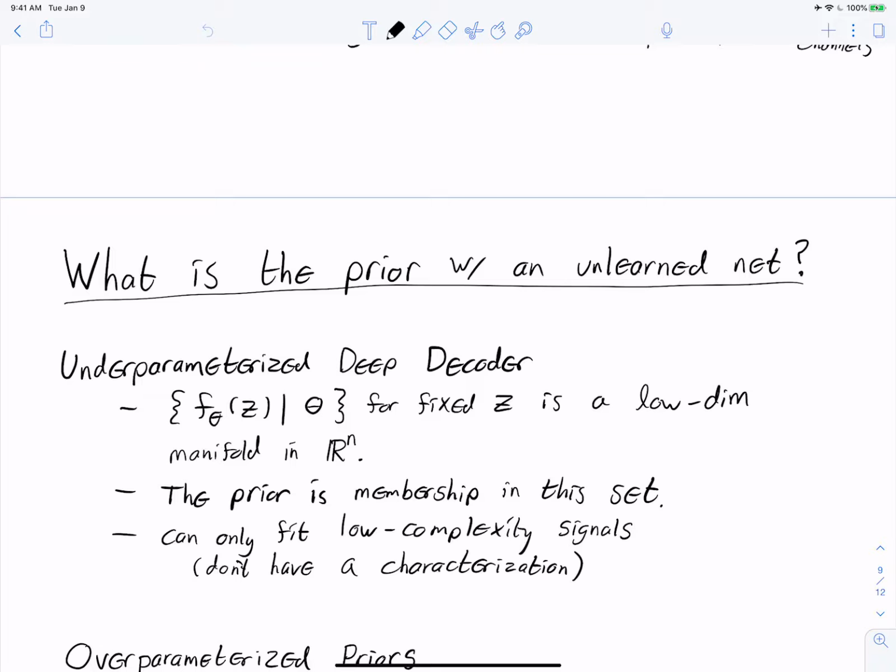If the deep decoder is underparameterized, this set is going to represent a low-dimensional manifold in R^n. The prior mathematically is then just that we're searching for an image which is a member of this set. It's not clear exactly what property the members of this set enjoy, but because of the low dimensionality, it is only going to be able to fit low complexity signals in some particular sense, though we don't have a characterization of what that sense is exactly.